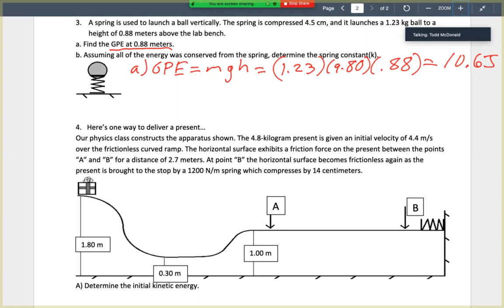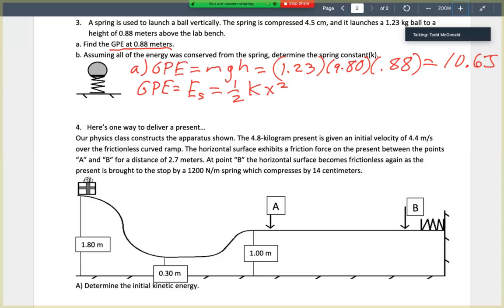The question is, part B, it says, assuming all the energy was conserved from the spring, determine the spring's constant. So here's what we're saying: the gravitational potential energy at its highest point was equal to the spring energy that launched it in the air. Well, we know that the spring energy is 1/2 times kx squared.